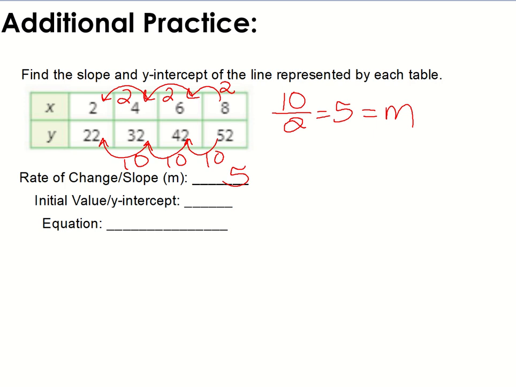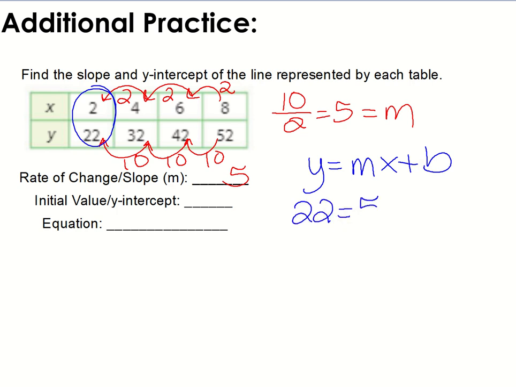So again, I really like to always pick the smallest points, but it doesn't really matter. And we're going to plug this information into our equation. So y equals mx plus b. So my y is 22, that's off the table. My slope is 5, because that's what we just found. And then our x that goes with 22 is 2. And I'm going to write plus b because I don't know what it is.